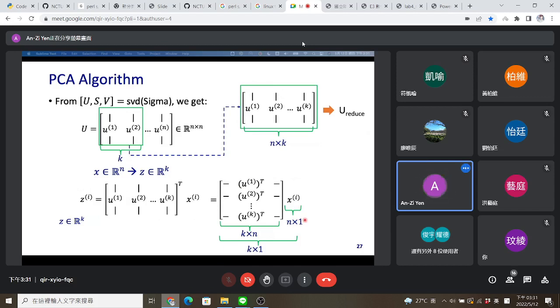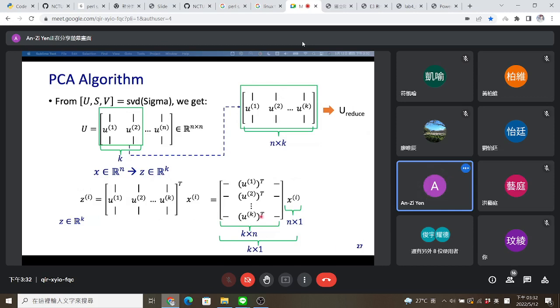And so Z is a k-dimensional vector, which is exactly what we want here, right? We said that our goal is to transform the data x from Rn to the representation z, which is in Rk.